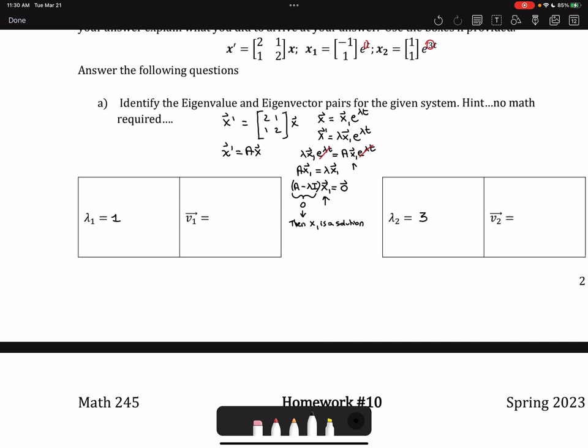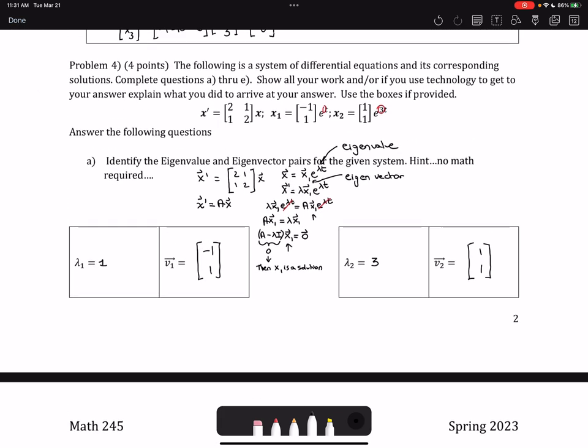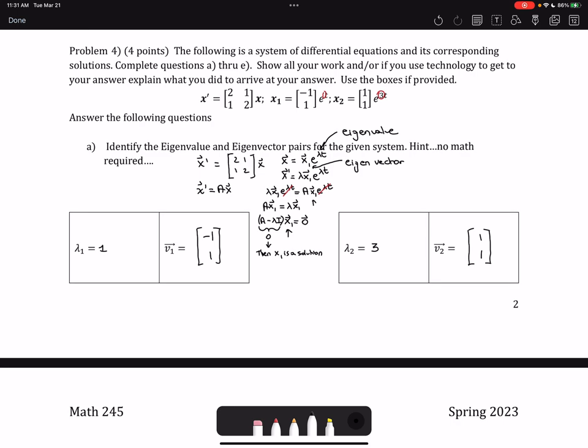So in our guessed form, this was the eigenvector, and this lambda was the eigenvalue. So all we have to do is say, okay, with the eigenvalue of 1, we had the vector -1, 1, and with the eigenvalue of 3, we have the vector 1, 1. And that's going to be part A for this problem.